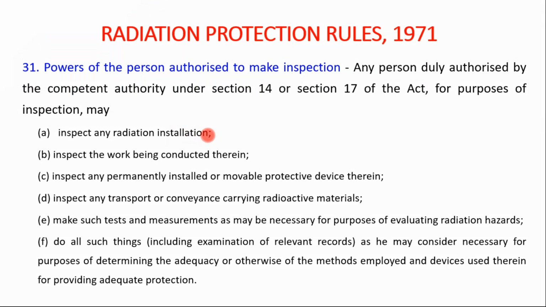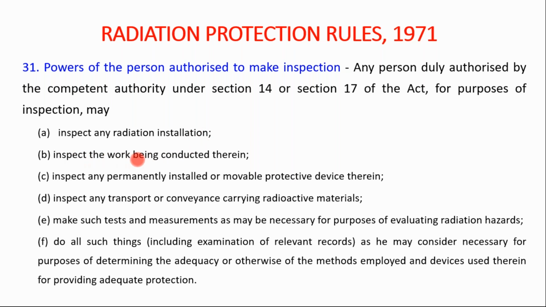So if the radiation installation is a new one, if the radiation installation is going to modify some of its activity, or if the radiation installation has a different radioactive material, then the competent authority is going to inspect that radiation installation. Then inspect the work being conducted therein.